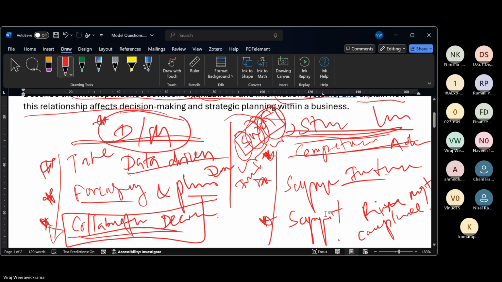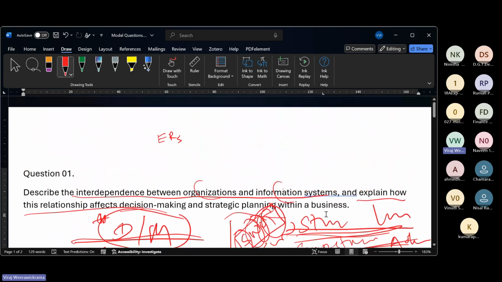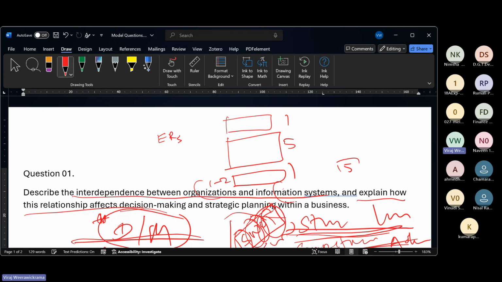That's all, right? As we discussed, when you have this kind of question, you can earn marks: 1 mark for the introduction, 5 marks for content, 1 mark for a small conclusion, only 1 to 2 sentences. Now, let's say you are given 15 marks for this question. Then here you can start from the definitions, right?